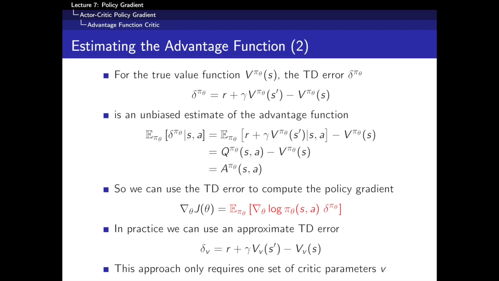And it uses the following idea, which is that the TD error is a sample of the advantage function. So consider the following TD error, this delta pi thing here. If we knew the true value function v pi, then this basically tells us that the TD error is equal to the reward plus the discounted true value at the next state minus the true value in the state I'm in.